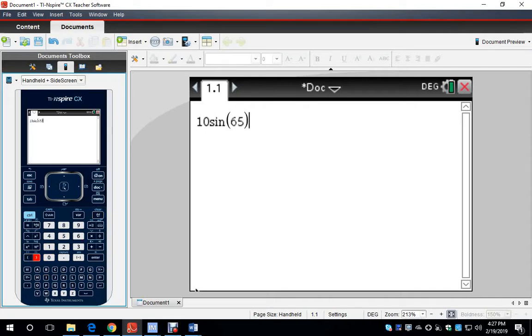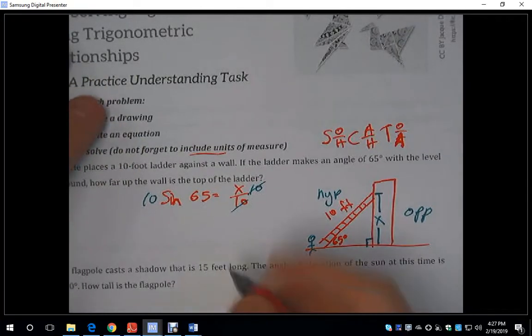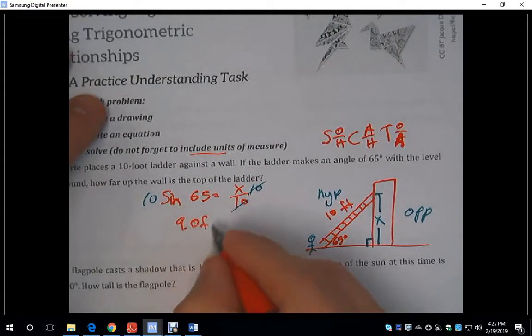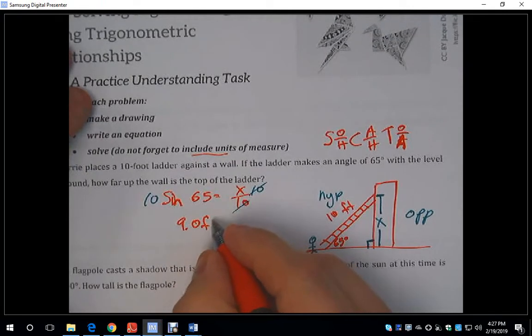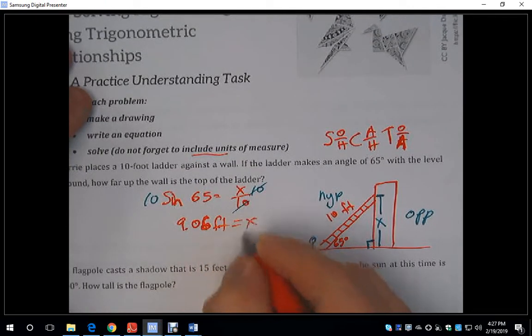That gives us 9.06. Let's not forget the units, that would be 9.06 feet. That equals x.